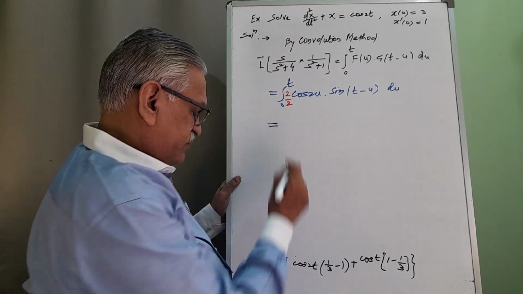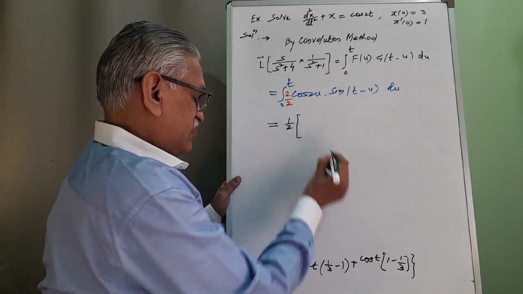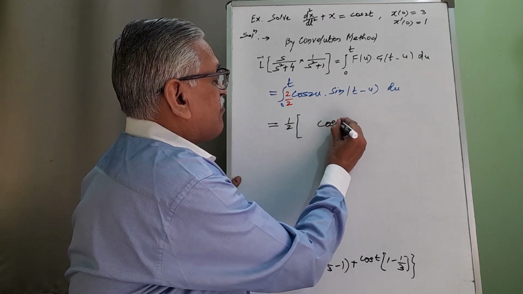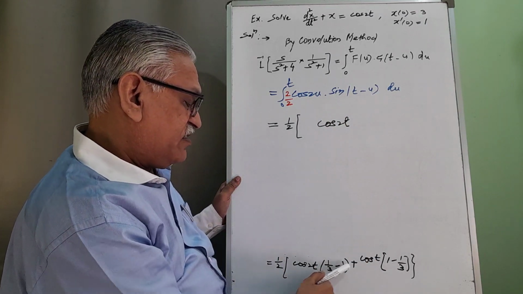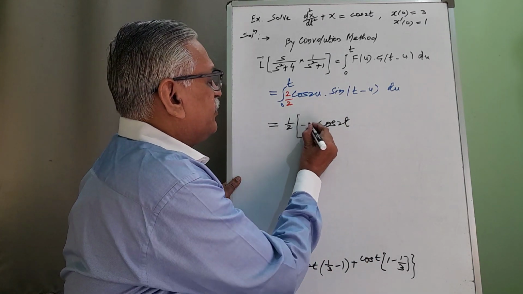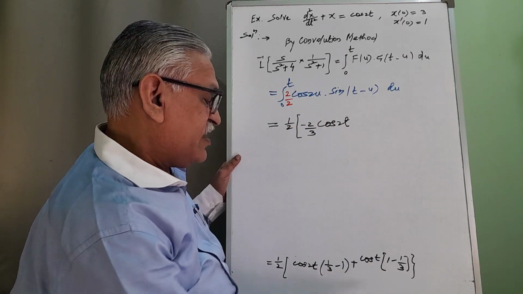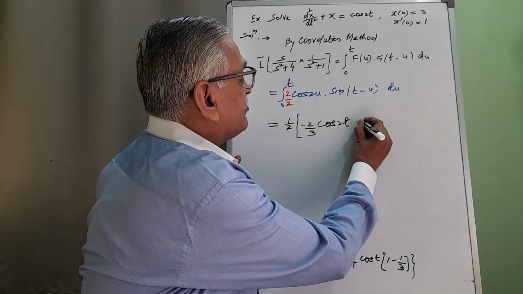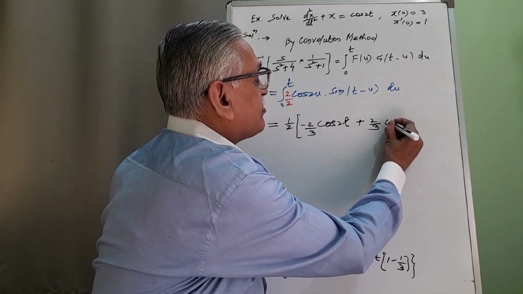It is equal to 1 by 2 cos 2t, 1 minus 3, that is minus 2 by 3, into cos t, and this is 3 minus 1, that is 2 by 3.